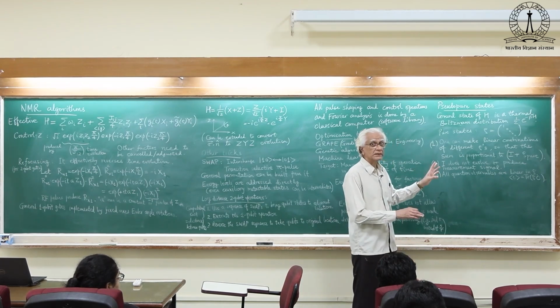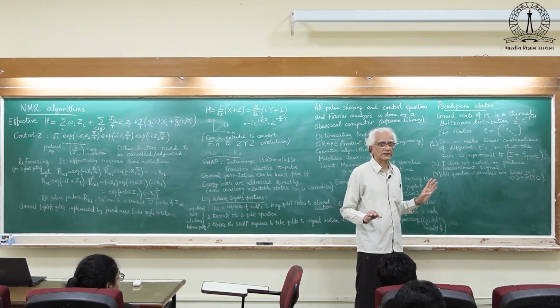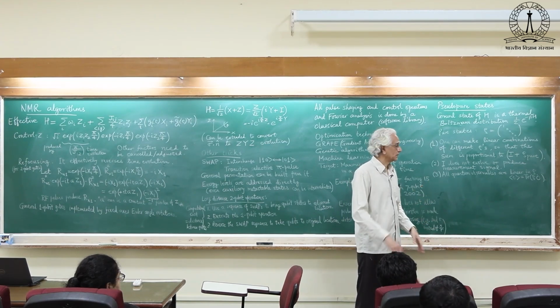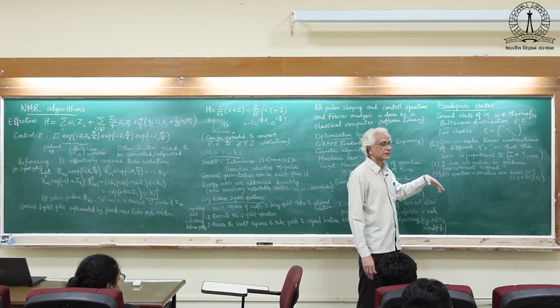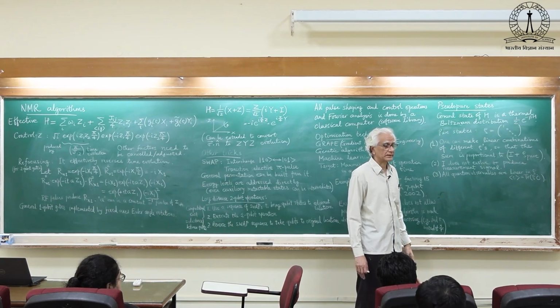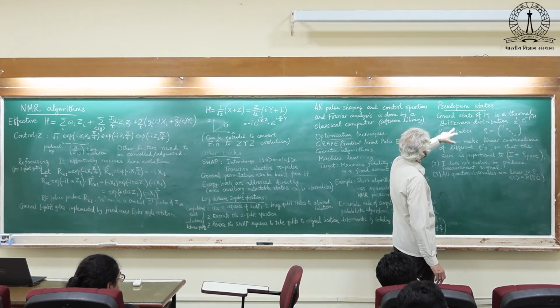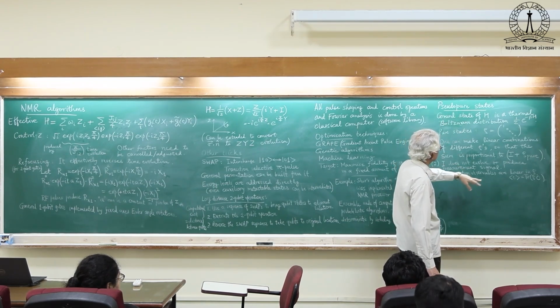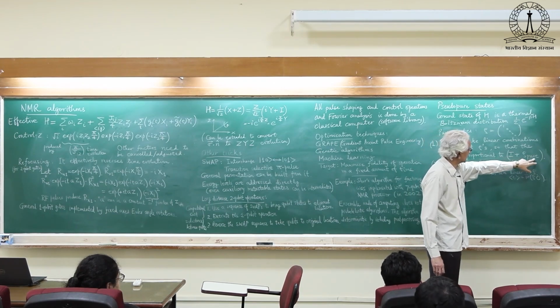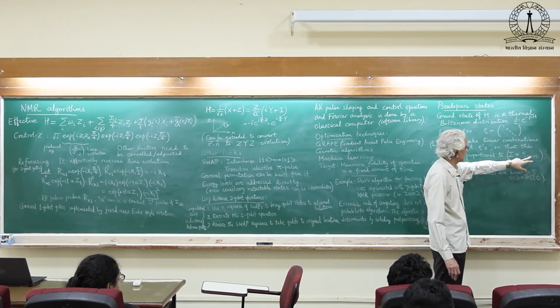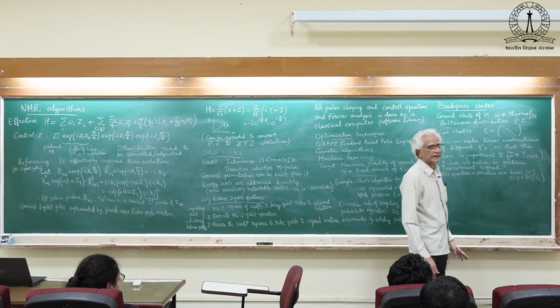If I look at only one component, it is not going to give me the correct answer, but the linear combination will produce the required result. So this is what is done to construct these pseudo-pure states. A pseudo-pure state is nothing but this particular combination, pure state plus identity.